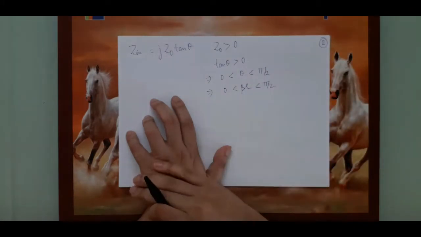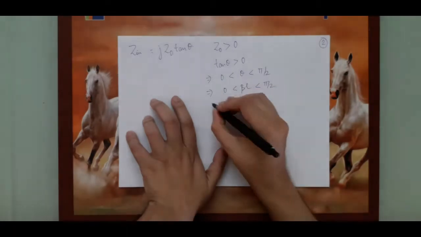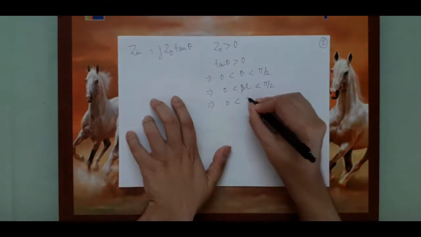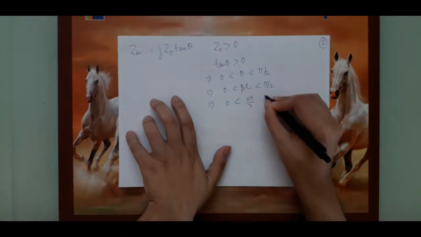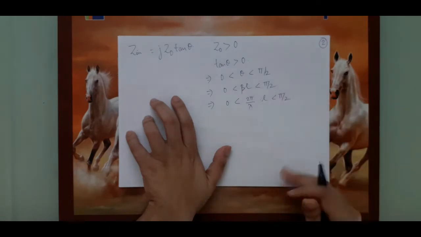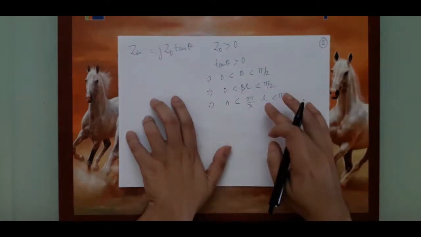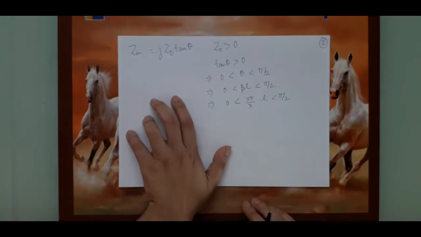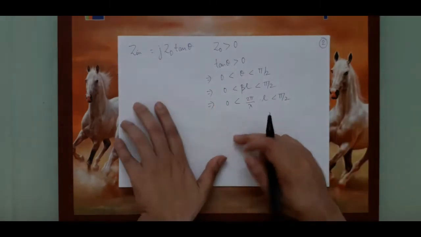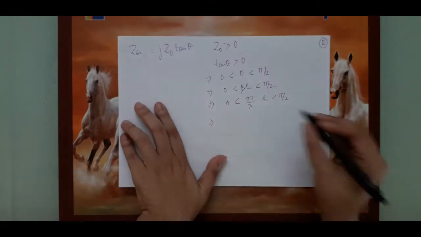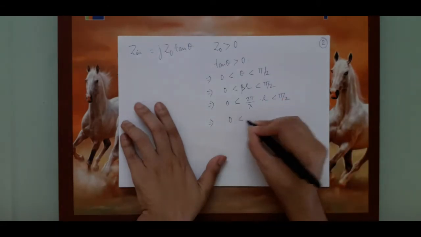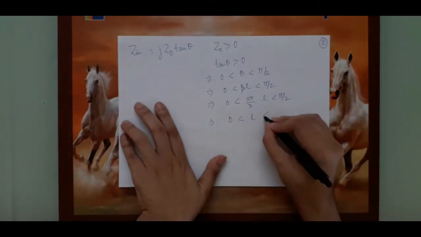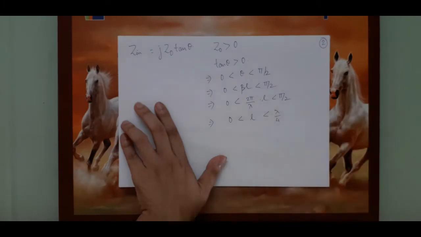What is beta? Beta is nothing but 2 pi by lambda. So now if you simply put only L in the middle of the inequality and cross multiply, in terms of L, this means the physical length is between 0 and lambda by 4.